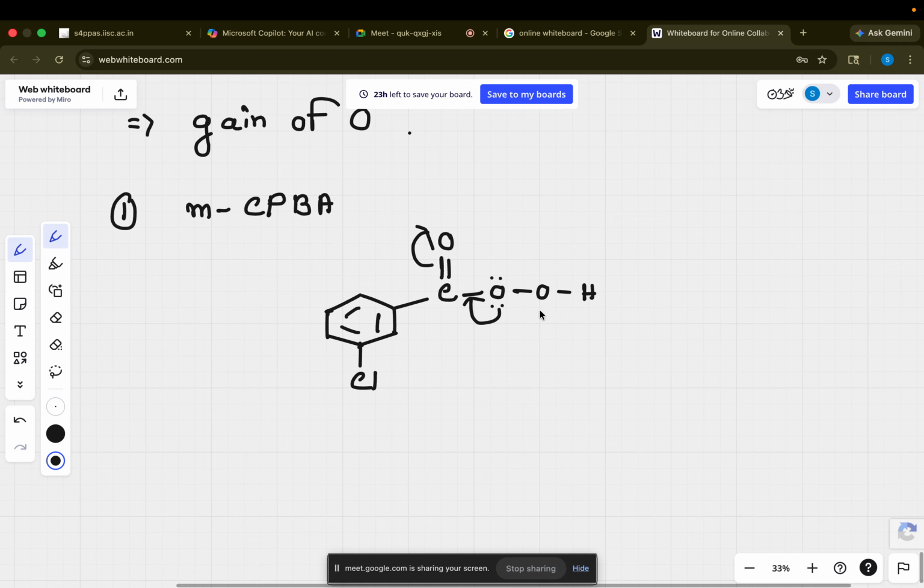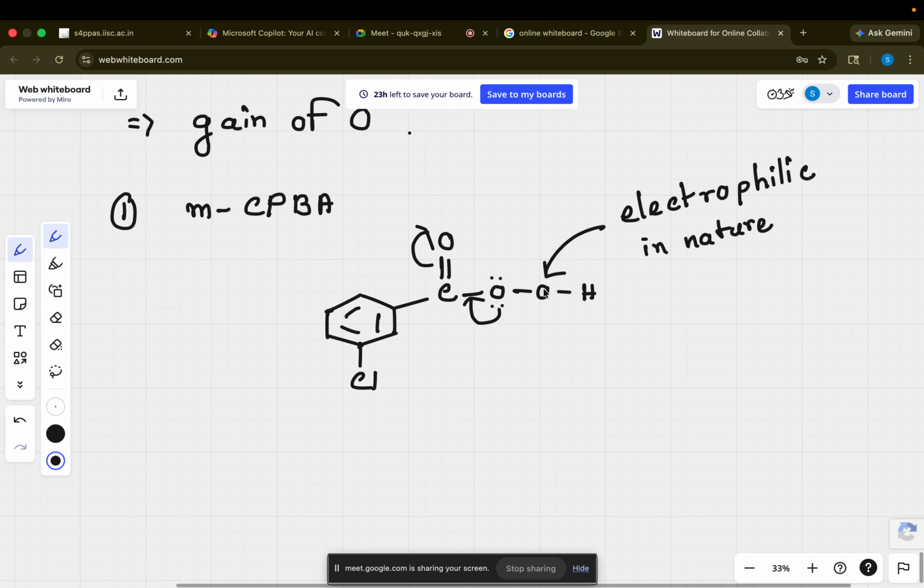Keep in mind this oxygen atom becomes electrophilic in nature. I will show you the mechanism of how it becomes electrophilic, but write down electrophilic in nature.